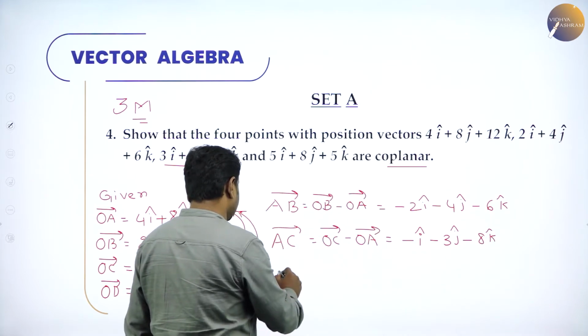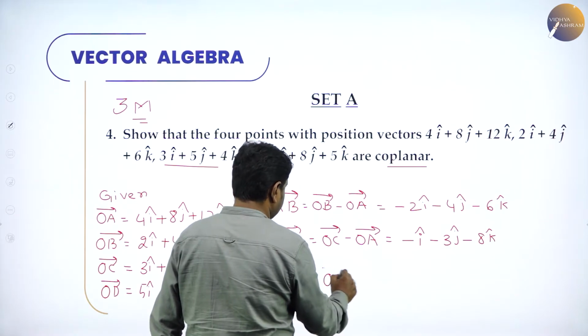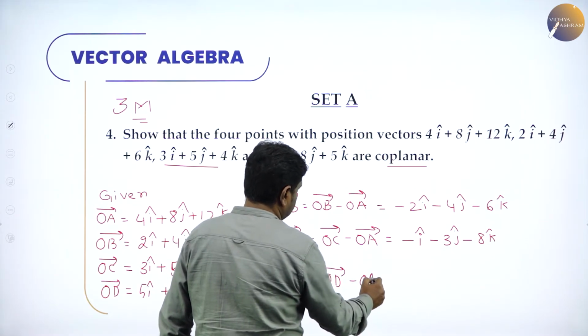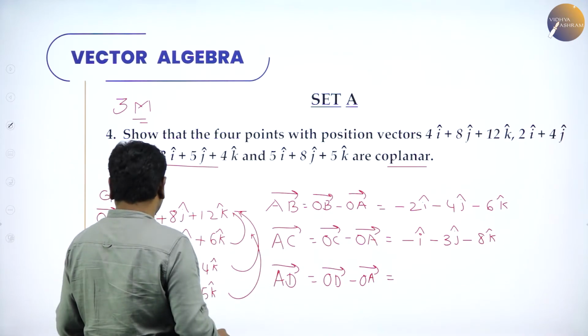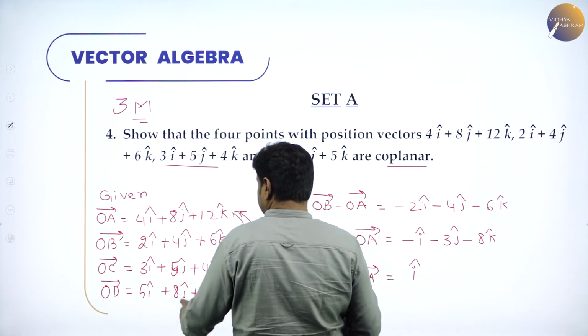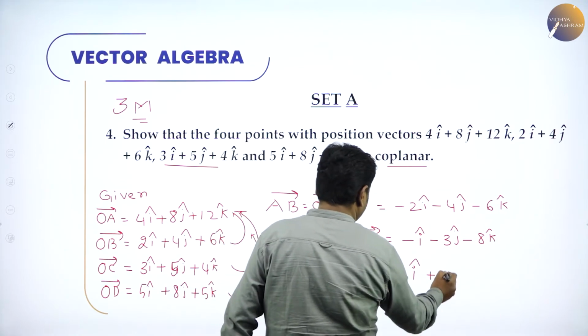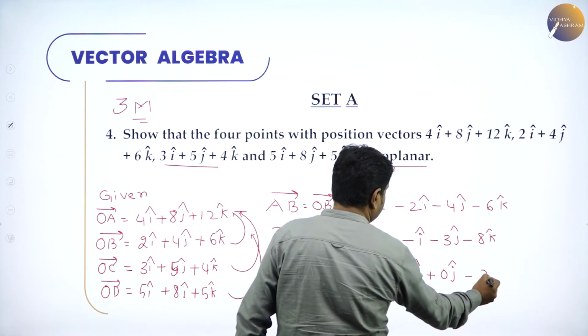Then vector AD. What is vector AD? OD minus OA. That is D minus A. 5 minus 4 is 1i cap. 8 minus 8, 0j cap. And 5 minus 12, minus 7k cap.